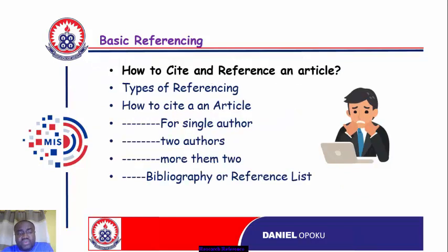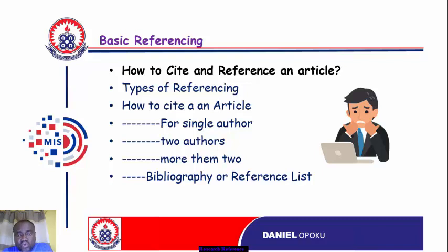Good. Now you want to learn how to reference an article. That is, if you get an article written by only one person, and also how to reference an article when the authors are 2, and when they are more than 2, you have a style of referencing it.